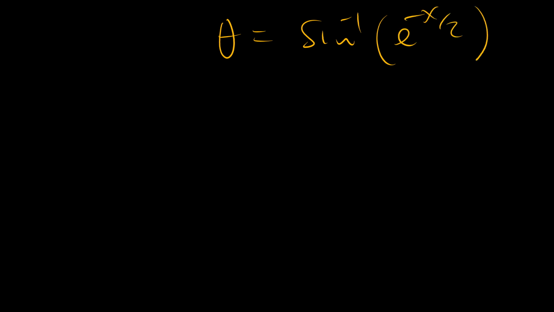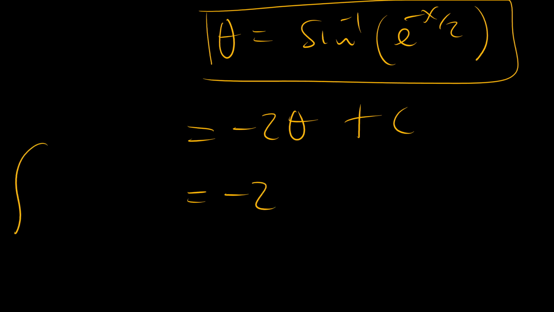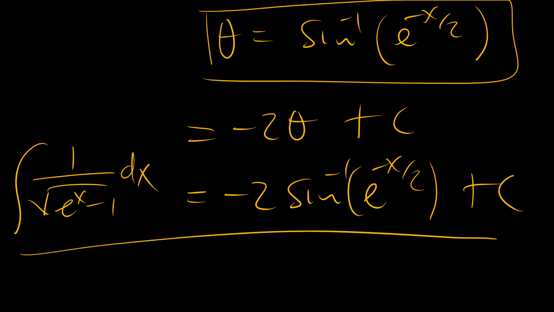And since the integral we had resulted in negative 2 theta plus c, the integral of 1 over the square root of e to the power x minus 1 is equal to negative 2 arcsine of e to the power negative x over 2 plus the integration constant. And that is, ladies and gentlemen, our answer.